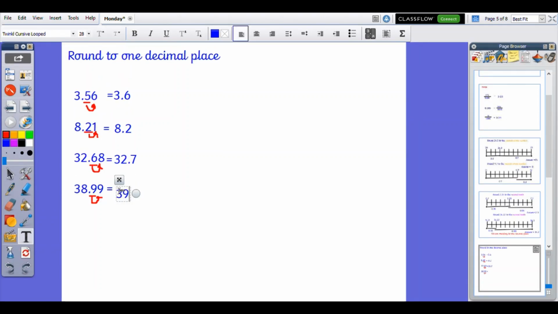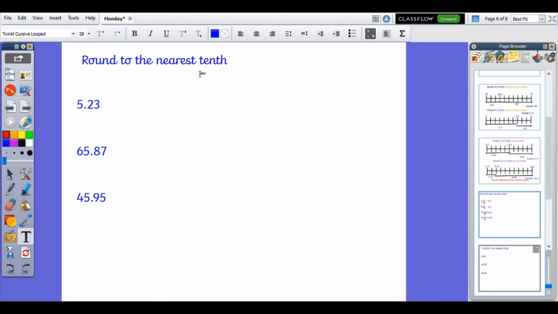It would simply just be 39 or 39.0, if that helps you to understand. So I can't round any higher than 9, so it's got to move to the next whole number. Okay, and that's the same. So rounding to the nearest tenth is the same as rounding to one decimal place.